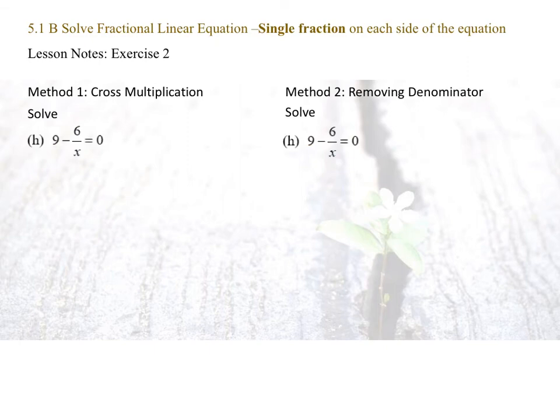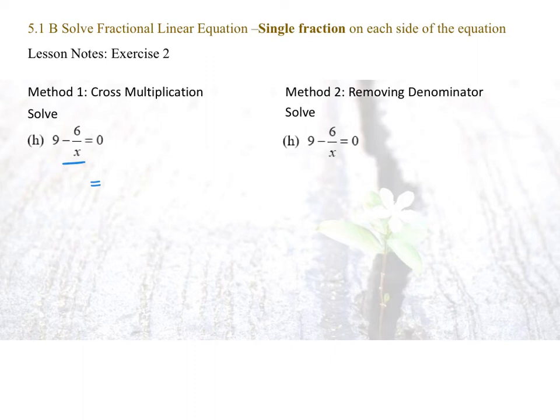Exercise 2H. Now, in this part of the question, we have subtract 6 over x from 9. What other method can we do other than shifting 9 over? We can also try to shift -6 over x over to the left hand side, because there's nothing over here, it's just the number 0.